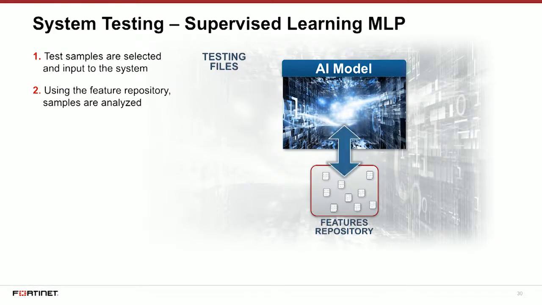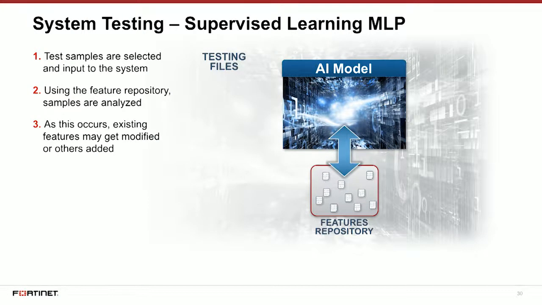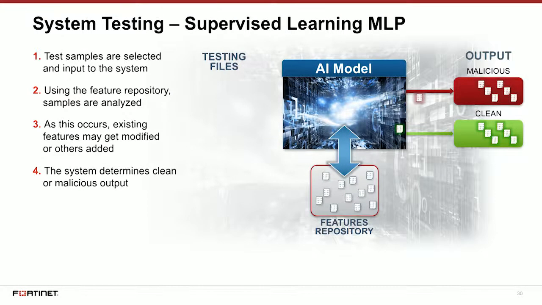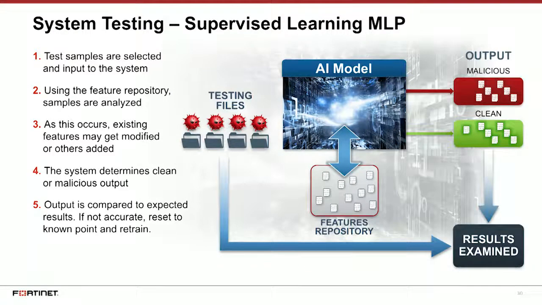Okay. So using the feature repository, the samples are analyzed. As this occurs, features may get modified or others added, as I told you. So the system determines the clean or malicious output of another given set of files. Okay, and then we are able to look at the results and see, oh, okay, this yielded 99.90% accuracy.